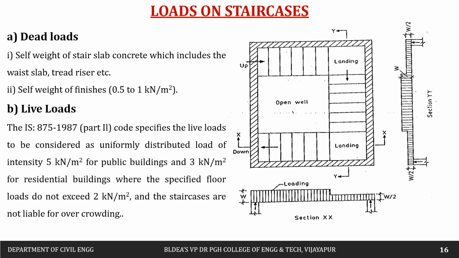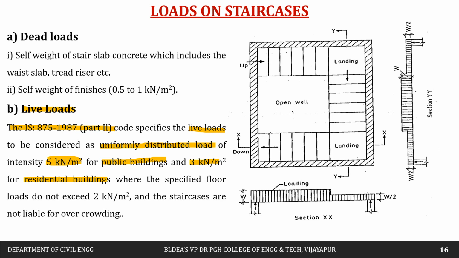Then next is regarding the live loads. According to IS 875 (1987) Part 2, the live load to be considered is a uniformly distributed load of intensity 5 kilonewton per meter square for a public building, and 3 kilonewton per meter square for a residential building.